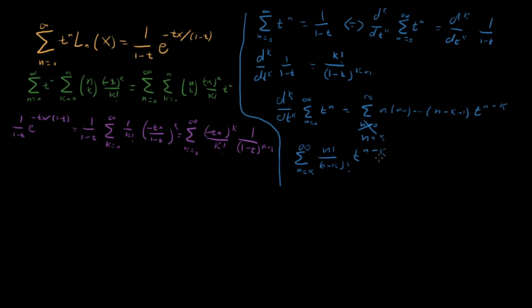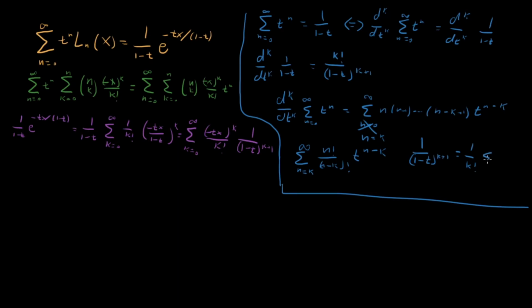What's the big takeaway here? So we see that this series right here is actually just this sum right here. So what have we managed to show in this part? Well, we've managed to show that 1 over 1 minus t raised to the k plus 1, because this is what we initially were interested in, is equal to 1 over k factorial, right, so we have a k factorial right here, we divide it over.